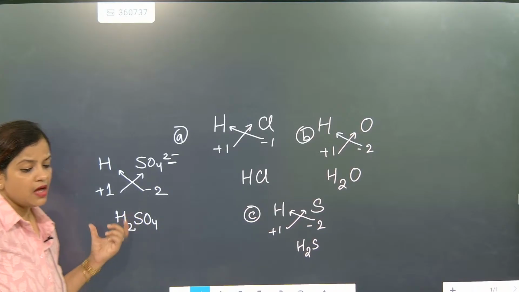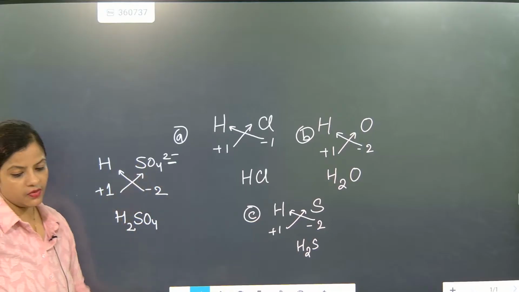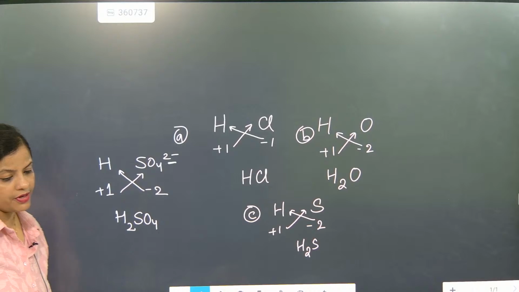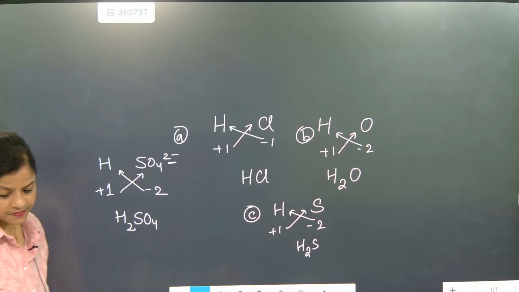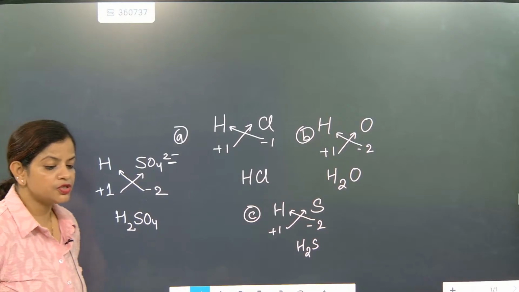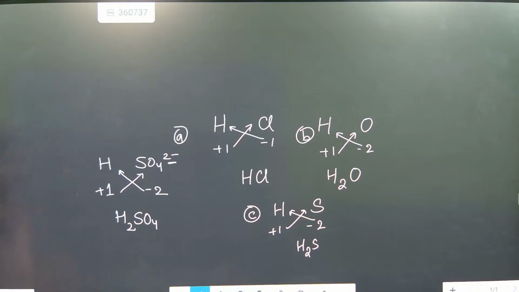So hydrogen is getting 2 and sulfate is getting 1. Note down, everyone. Please kindly note down, children, how to write this one. Yes, super. So this is coming as H2SO4. This is the simple one.